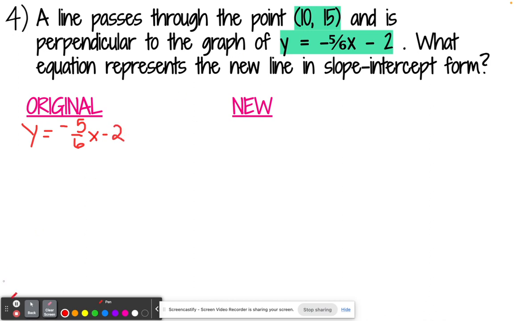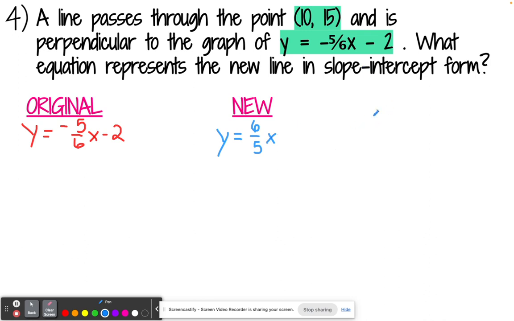I wanted to go through that point. My new equation will be y equals, and I just need to flip this upside down and make it positive, so 6/5 x. And I still need to find out what my y-intercept is.